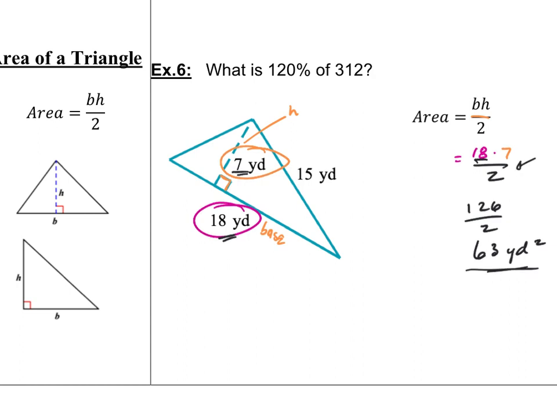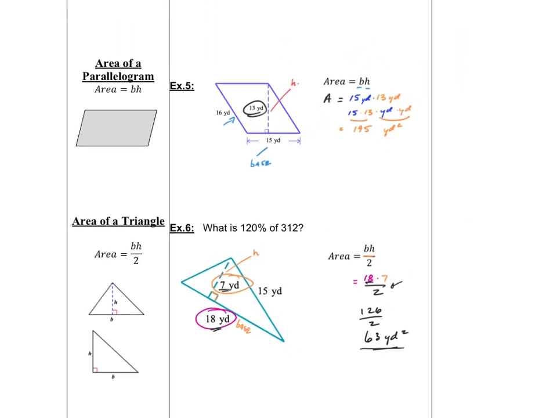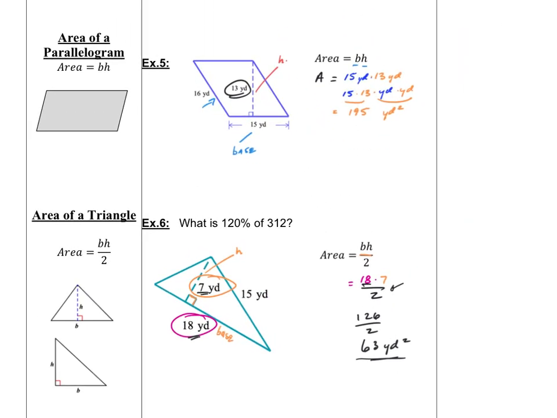What you need to remember is these two formulas. Some of you might struggle with that, so I would make flashcards of it because you're not going to have a reference sheet to use. Have on the front area of a triangle, and on the back base times height divided by 2.